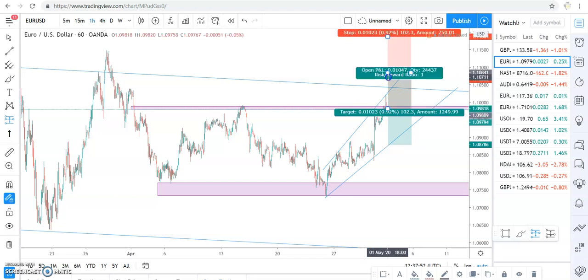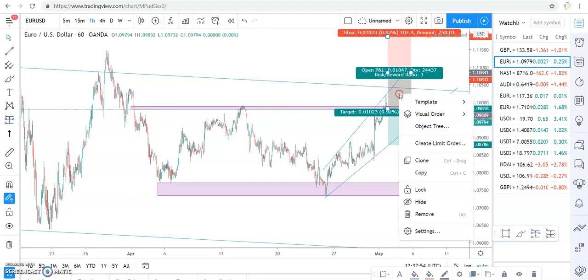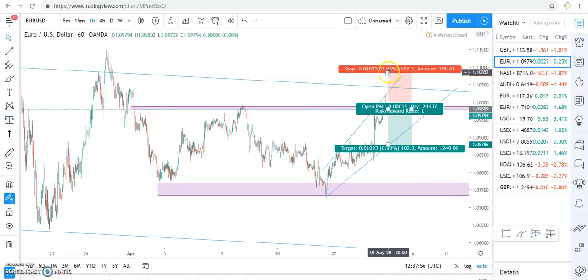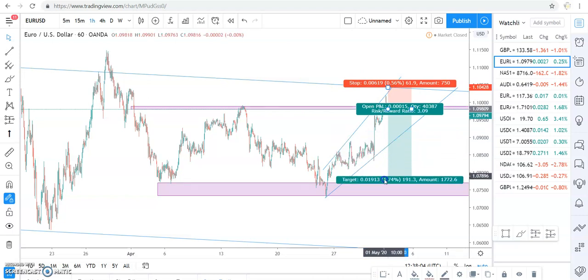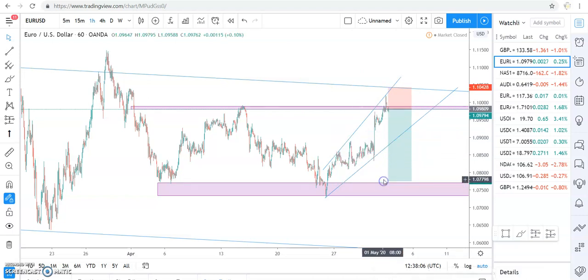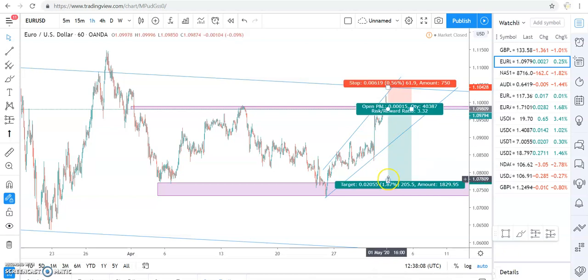My stop loss would be at this level, right? And my target price is either this or this. But since I swing a lot, I'm gonna set it to this, and I have a risk reward ratio of 3.34. I'll just perfect it later.